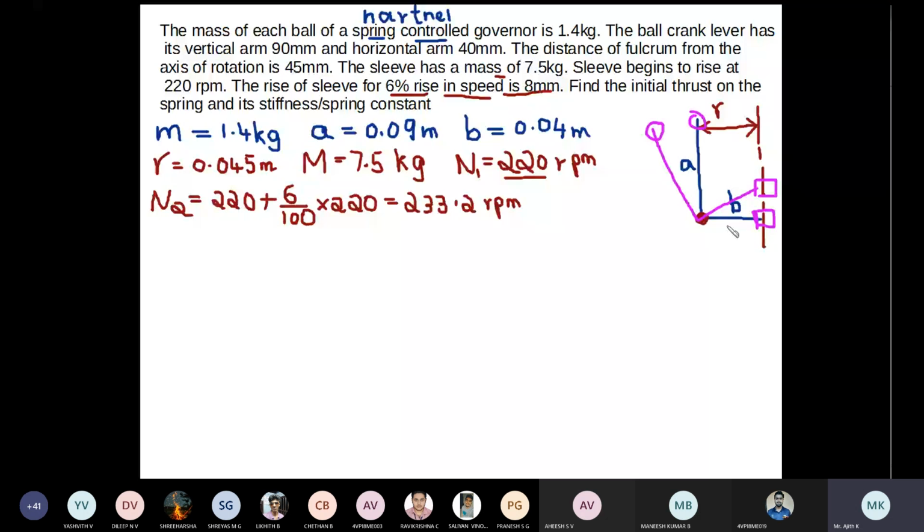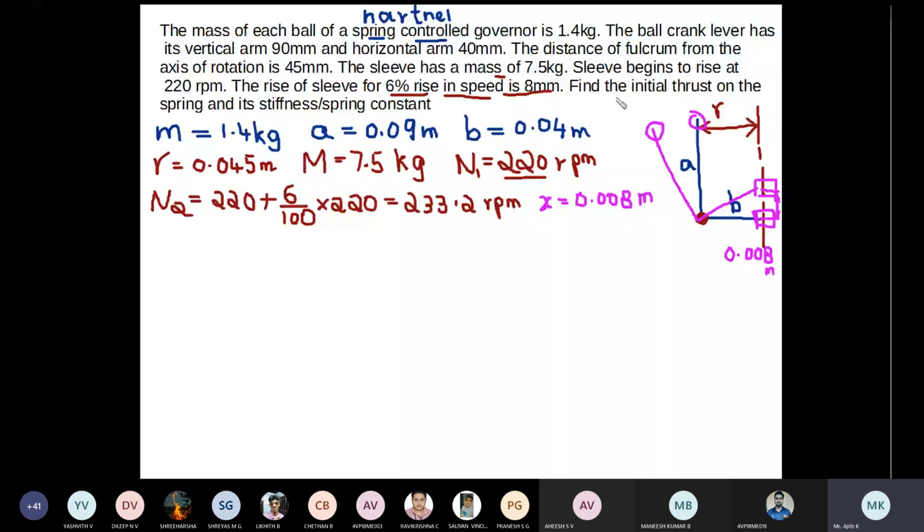So rise of sleeve means from here to here. This height is 8 mm or 0.008 meter. This sleeve lift or rise of sleeve, we'll write it as x. X or h you can take, up to you. X is equal to 0.008 meter.